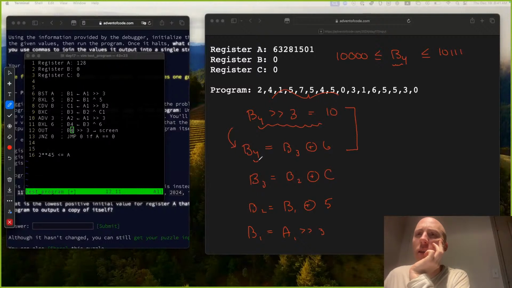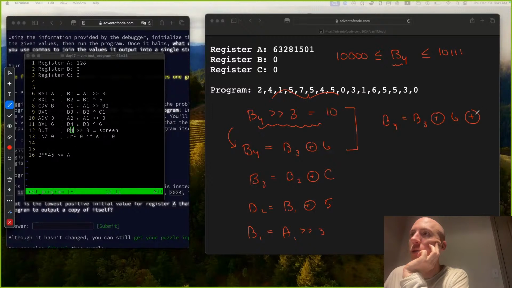So by adding in another equation, are we kind of further constraining this? Where B4 also has to be B3 XORed with 6?